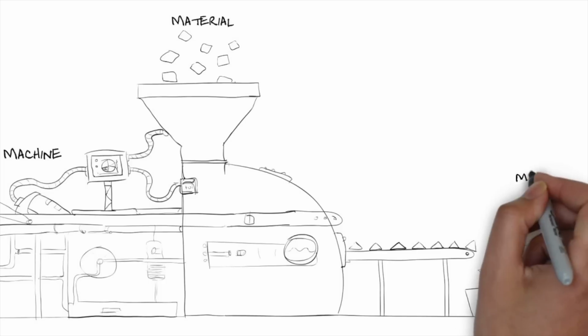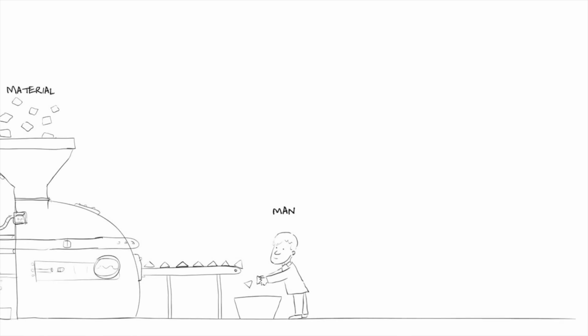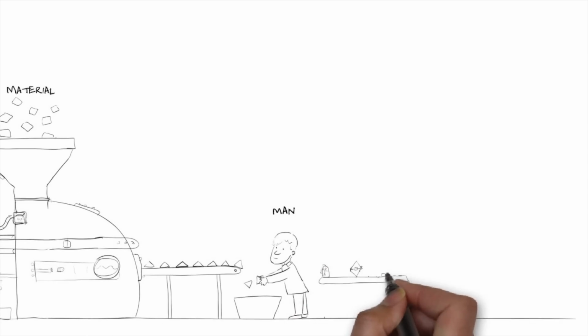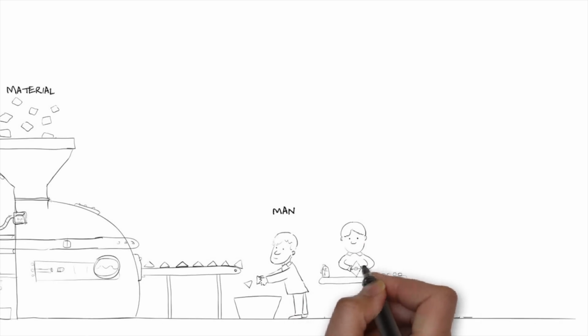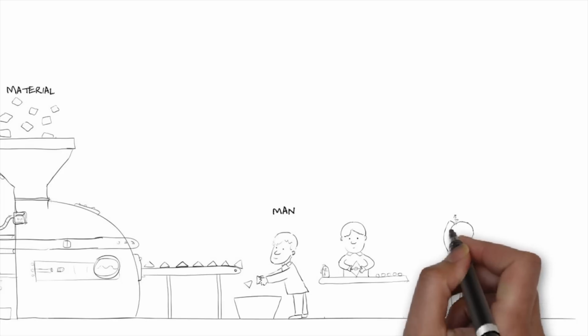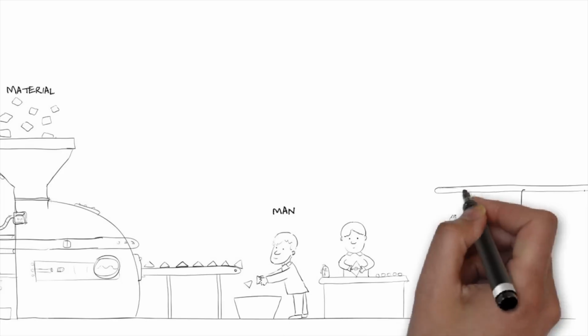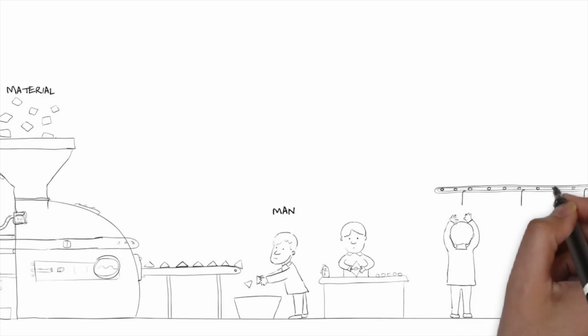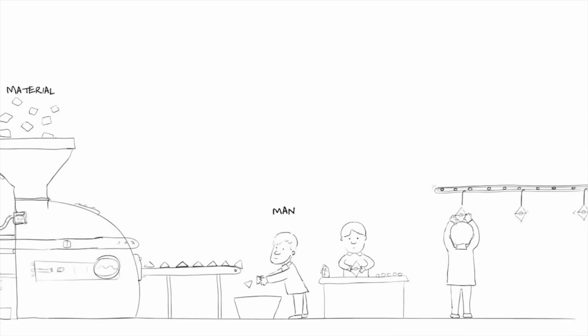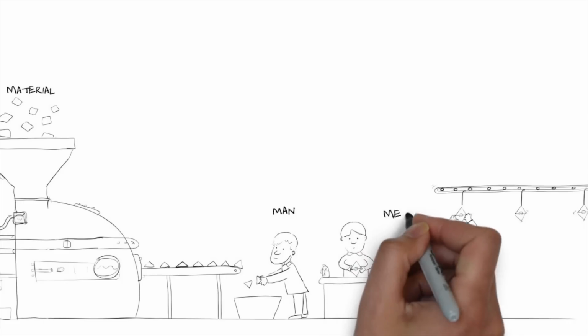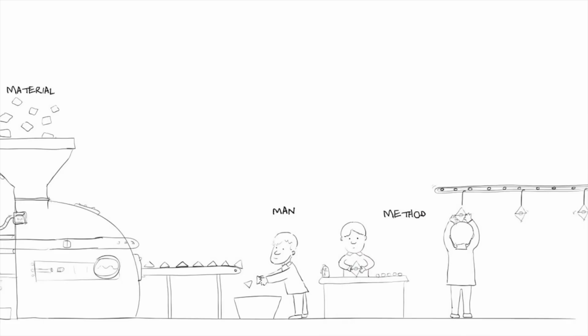There's also variation associated with the man. There could be the training, their motivation, their skill, their knowledge, and there's also variation associated with the method that's employed to perform the assembly. All these constitute variation in our process.